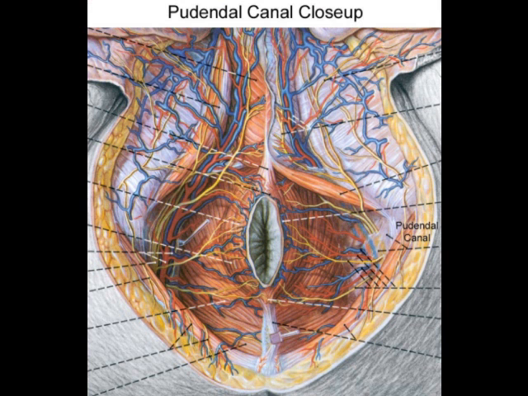Okay, this is a close-up view of the pudendal canal, which you can see on the right side there, labeled. It has two dotted lines, kind of showing you the path of where exactly it's at.